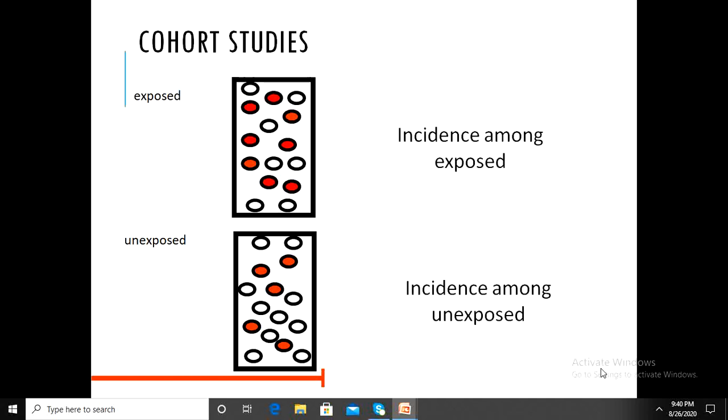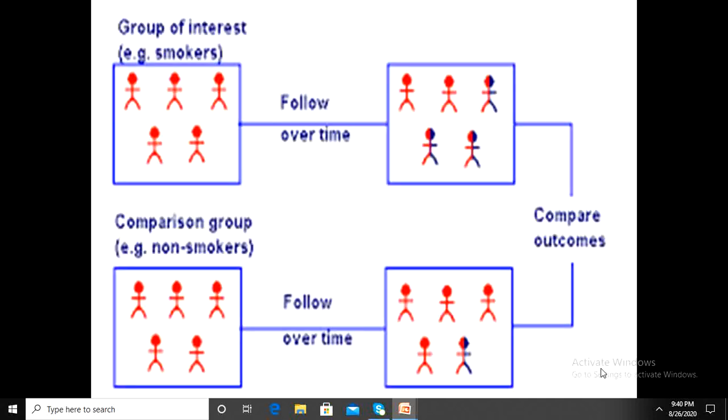So we can calculate incidence among exposed and incidence among non-exposed. And the formula to calculate the incidence is the total number of new cases occurring in a population in a specific time period, in a specific defined geographical area, divided by the total population at risk, which makes the incidence rate.